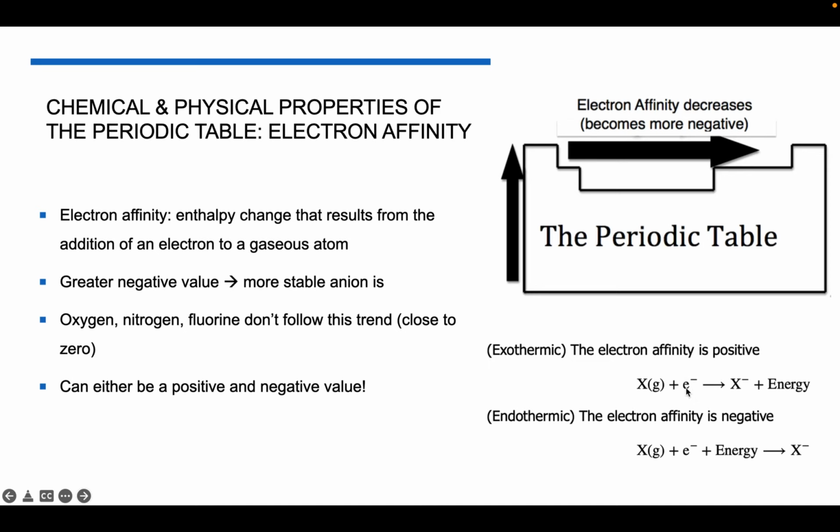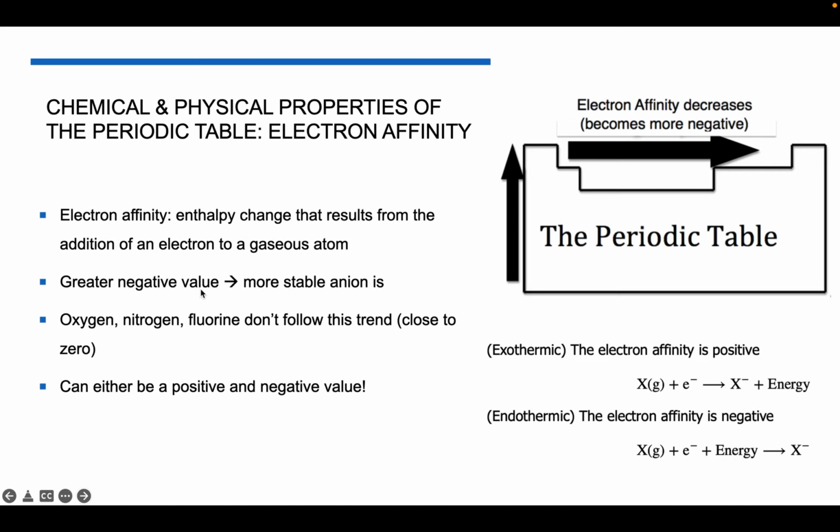So I need to put energy in, and I'm going to end up with energy over here. That's going to be exothermic because I'm getting energy out: exo, out, energy out. Whereas in endo, if I have an electron affinity that is negative, I'm going to need to put energy into the system in order to add that electron to the gaseous atom.